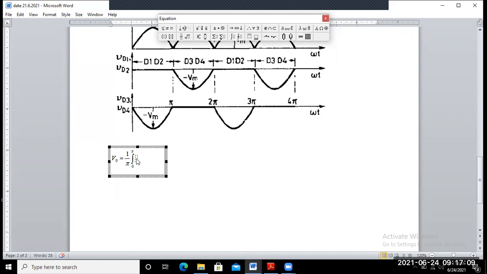And here what is the value of Vt? That means the instantaneous value, which is represented as Vm sin omega t. So Vm sin omega t d omega t. So Vm sin omega t d omega t.